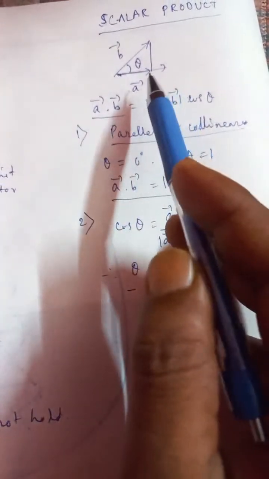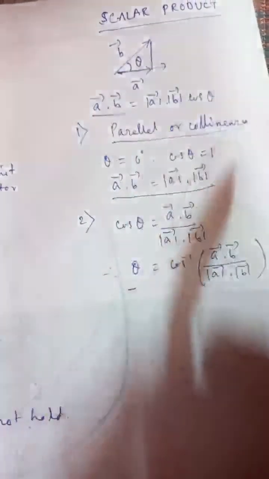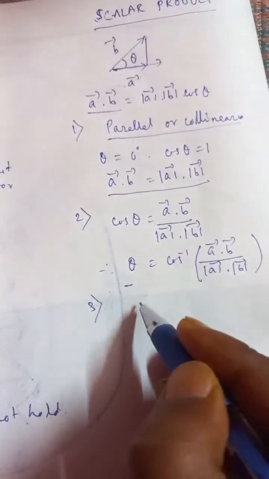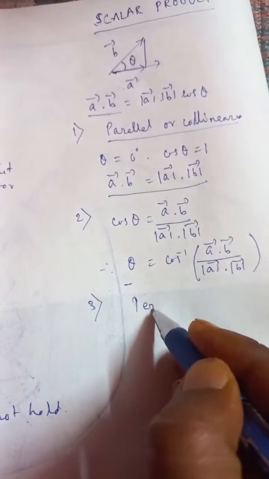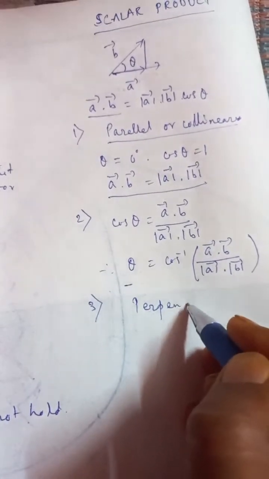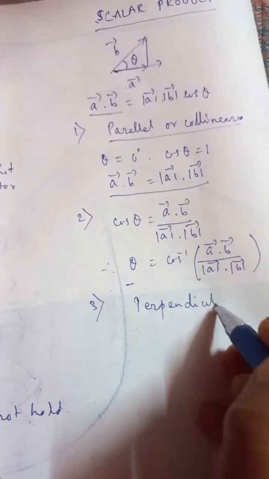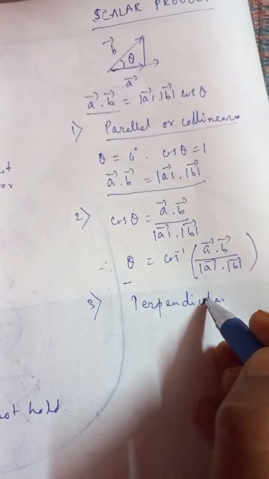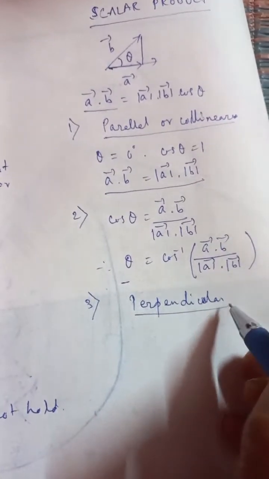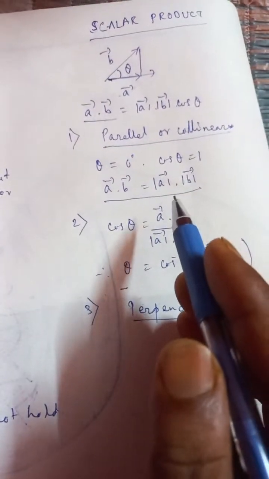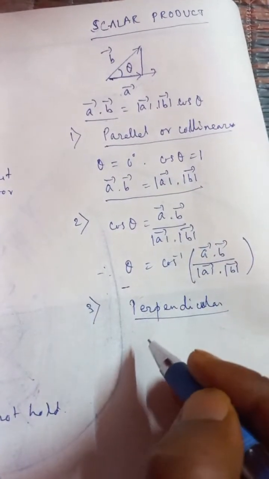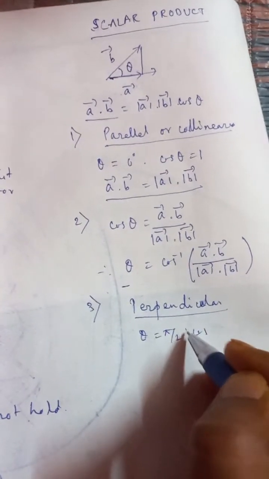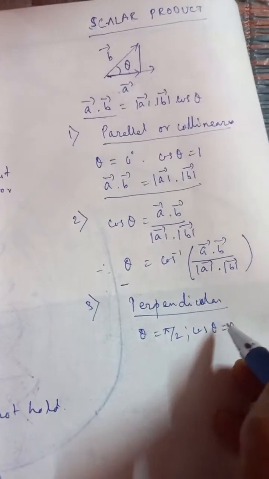Between A vector and B vector, and when they are perpendicular to each other, two vectors under the scalar product will be perpendicular if theta is equal to pi by 2, or cos theta is equal to 0.